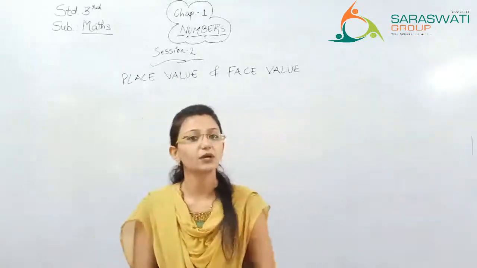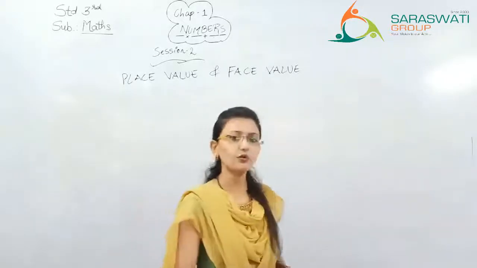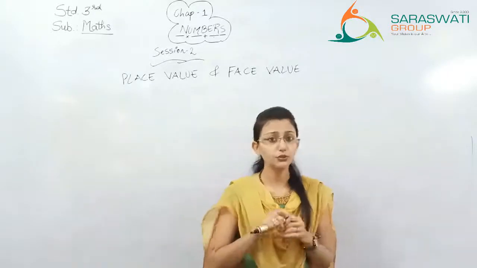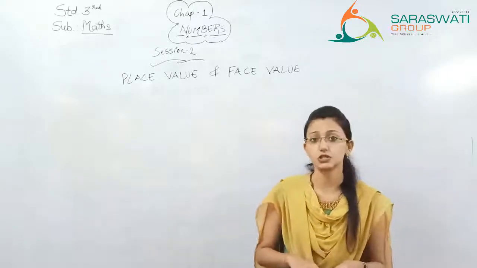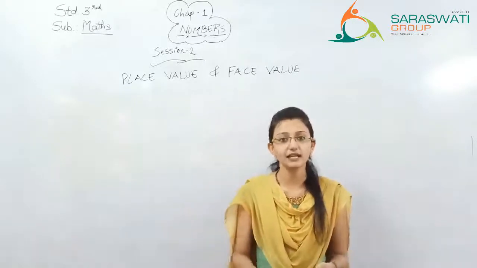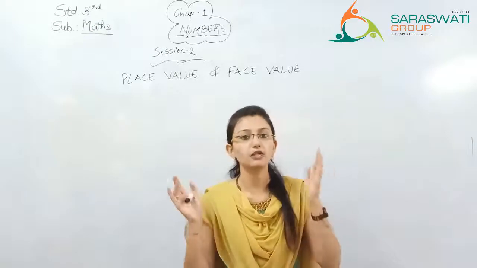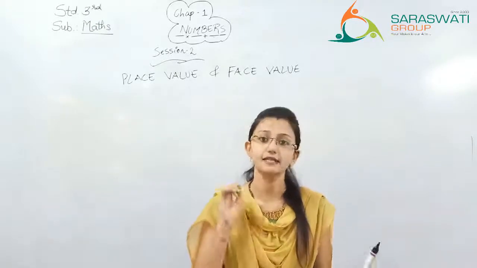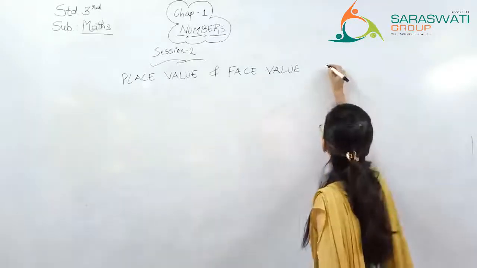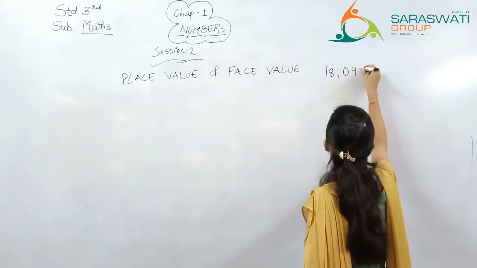Here I am going to explain the place value of these numbers. We are jumping over to place value and face value. Do you know what place value is? Yes students, you know, but you don't know exactly what it means. So now I am helping you to know about place value as well as face value.